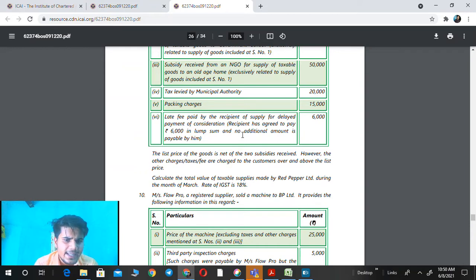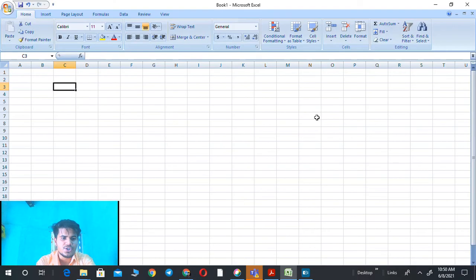So please note that for late fees, penalty and interest amounts received from the supplier, we assume these amounts include the GST component also. So we exclude the GST component and calculate the before-GST amount. Okay, so the 6,000 already includes GST. So the before-GST amount is 6,000 divided by 118 into 100, so 5,084 pre-GST amount.